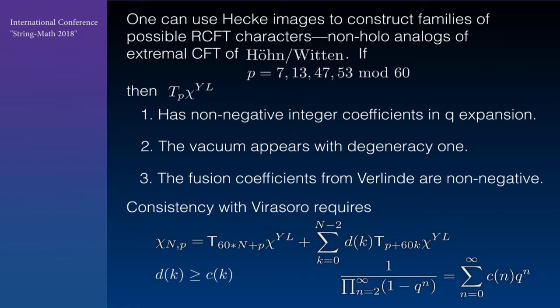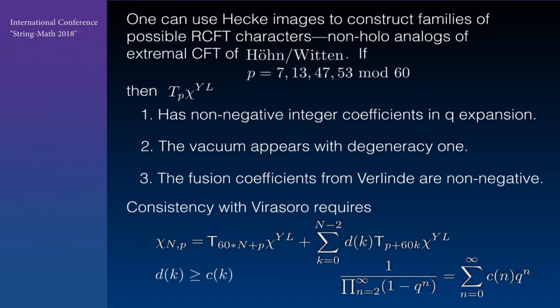They have non-negative integers, the vacuum appears with degeneracy 1, and the fusion coefficients determined from the Verlinde formula are non-negative. But as with Witten's work, there's a problem in that you get too big a gap to be consistent with Virasoro, because there always has to be a Virasoro element 2 up from the vacuum.